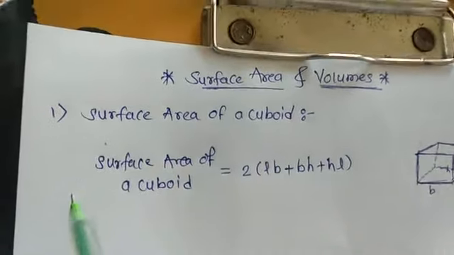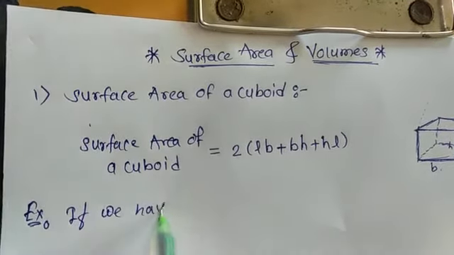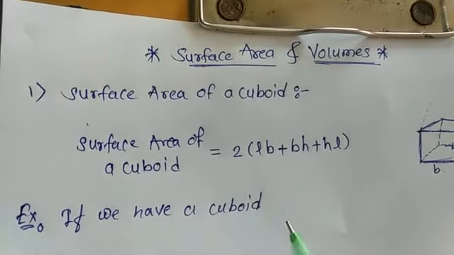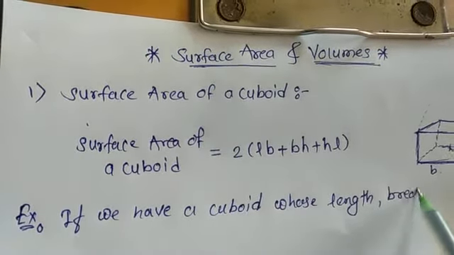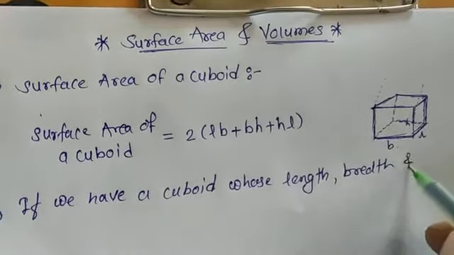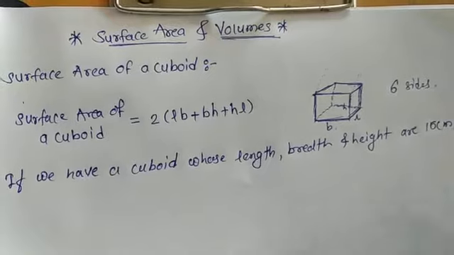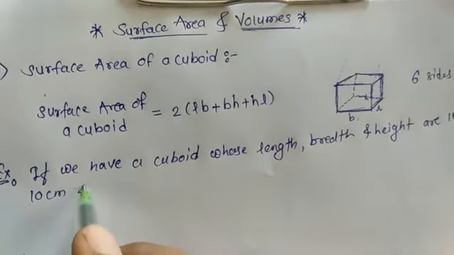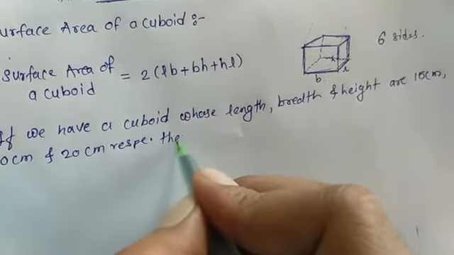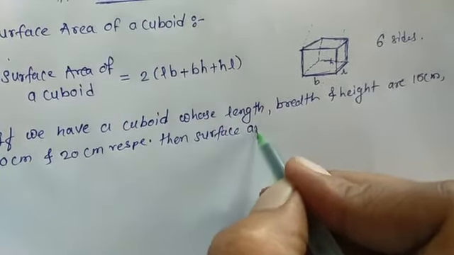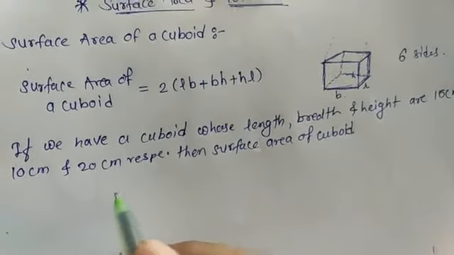Okay, for example, if we have a cuboid whose length, breadth, and height are 15 centimeter, 10 centimeter and 20 centimeter respectively, then the surface area of the cuboid is given by the formula.